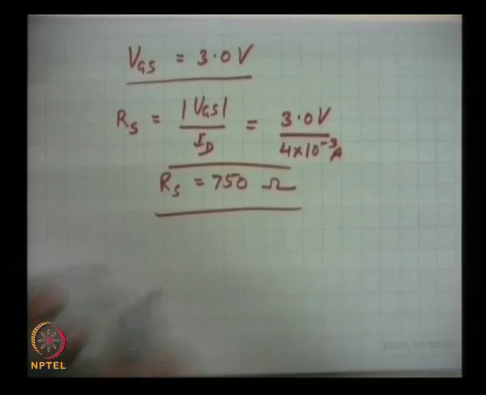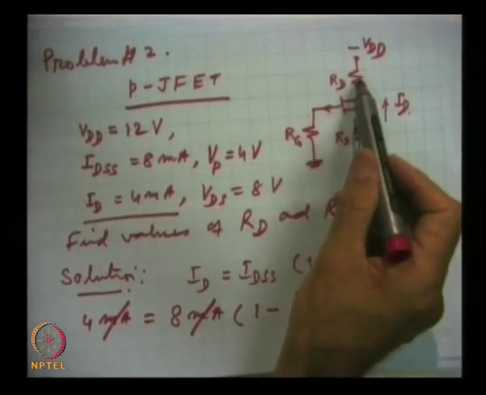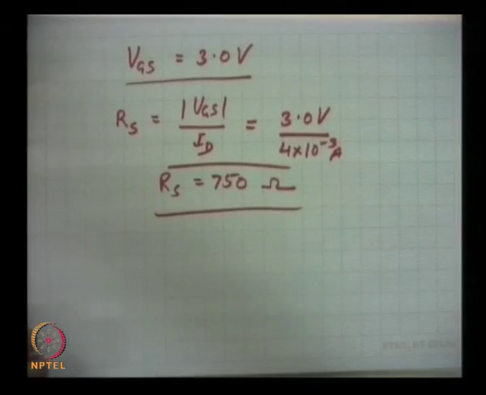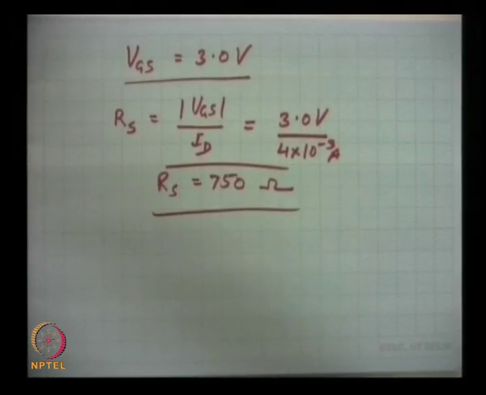We have found out the value of RS, and to find out the value of RD, this drain resistance, we have to sum up the voltages in the output circuit.